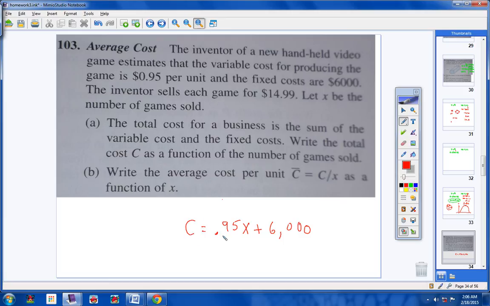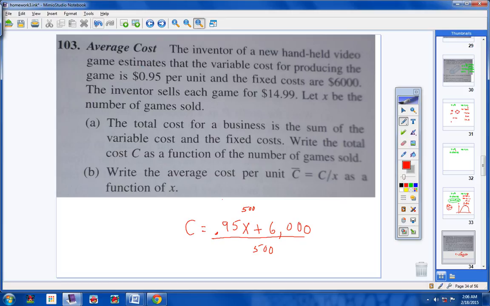Well, how would you find out the average cost per unit? Well, look, guys, if you made 500, then you would divide the whole thing by 500 to find the average, because it says find the average cost per unit.